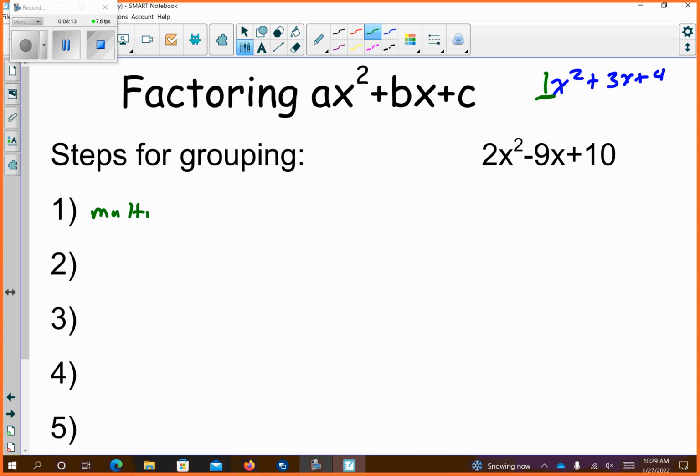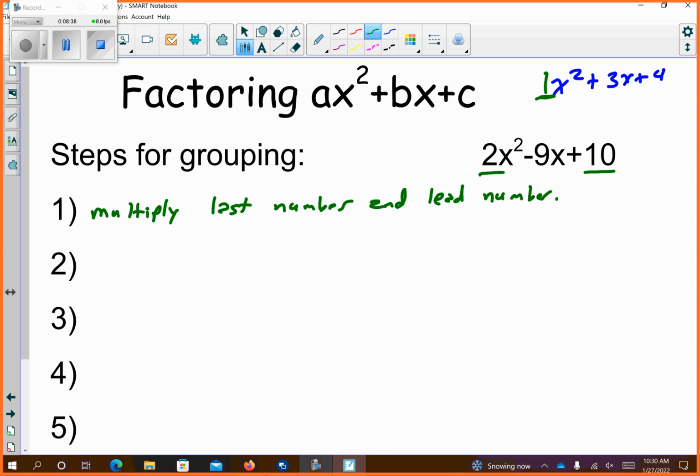Multiply the last number and lead number. So this is my last number and my lead number. So let's multiply 10 times 2. 10 times 2 is 20. And is it positive 20 or negative 20?